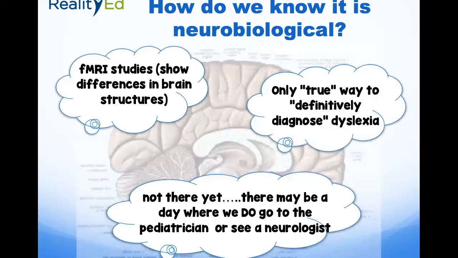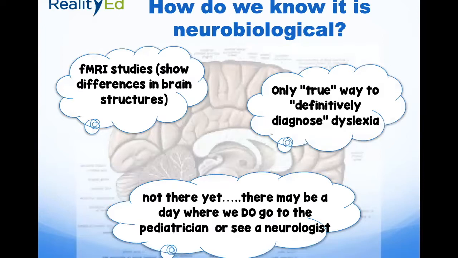Well, how do we know that dyslexia is neurobiological? Well, prior to the use of functional MRIs, we did not know quite how neurobiological dyslexia was. There were a number of theories out there, but it's really the research that has occurred from the 90s into the 2000s with functional MRI studies that have shown differences in brain structures of students that have dyslexia.